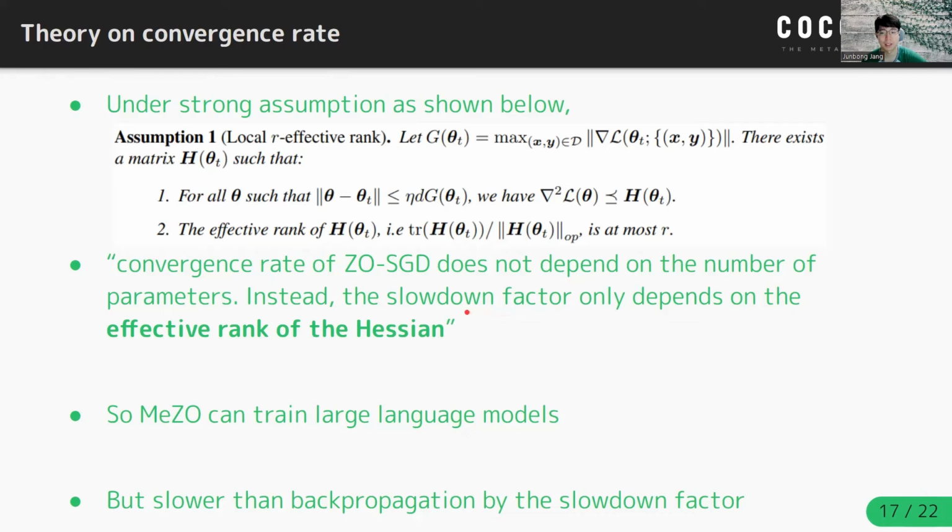Instead, the slowdown factor only depends on the effective rank of the Hessian. So MeZO can train large language models, but slower than backpropagation by the slowdown factor, which is the effective rank of the Hessian.